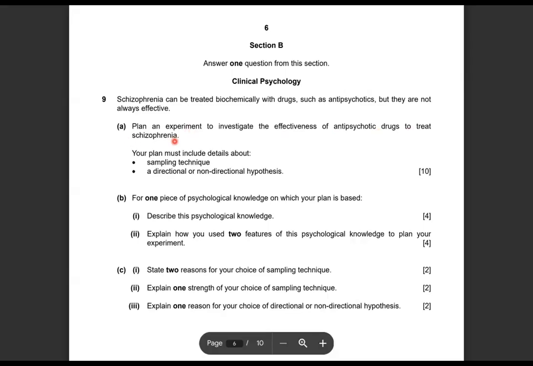Now, something that they've added over here, which was not the case in AS, is they're telling you specific details that must be included in your answer. Your plan must include details about a sampling technique and a directional or non-directional hypothesis. So these are 2 points that you have to include. And these aren't 2 fixed points that will always be coming for the design study. It could be different.